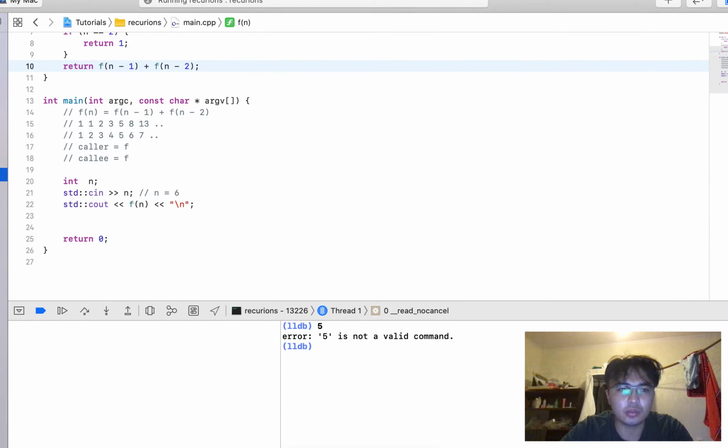It makes sense, since we're going to the pre-last Fibonacci number and then the pre-last, and we're just going to output. Let's see what it gives us.